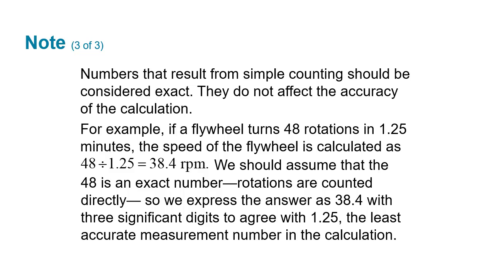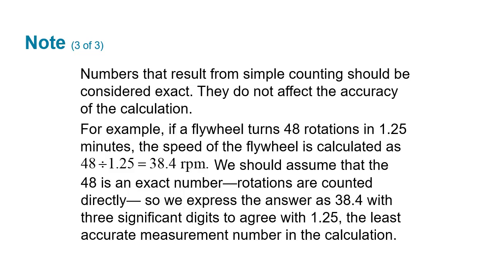And so now we can look at the accuracy of the other one, right? So 48 is perfectly accurate. You can think of its accuracy as being infinite. But then what's the level of accuracy for 1.25? 3 significant digits. So our answer should be rounded to 3 significant digits, which is 38.4.